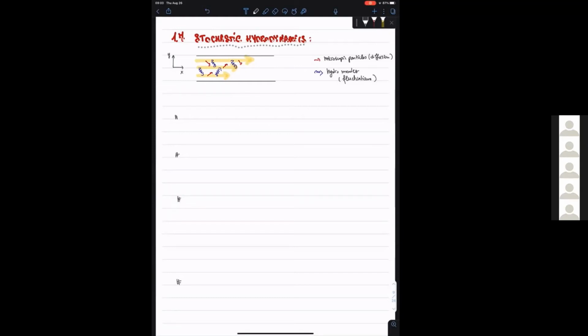At equilibrium, you can think that there are still some statistical fluctuations which can still modify things a little bit.